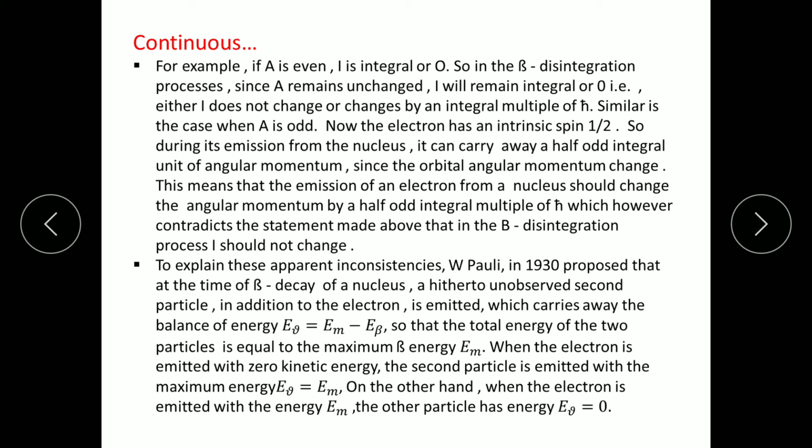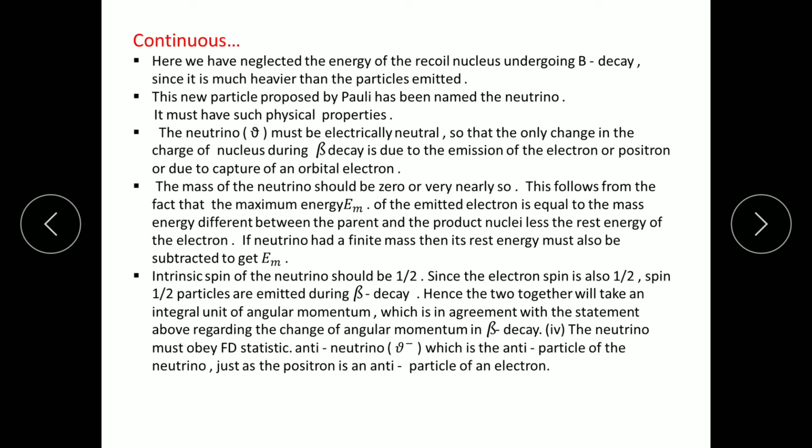Here E beta means the energy of the electron emitted. When E beta is 0, the energy of the neutrino is exactly equal to the maximum energy Em. On the other hand, when the electron is emitted with energy Em, then the neutrino energy E nu is equal to 0.